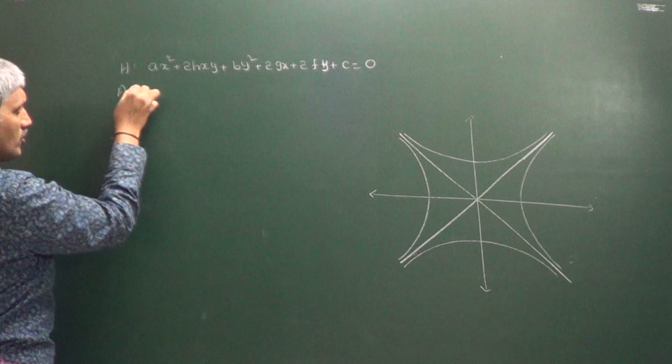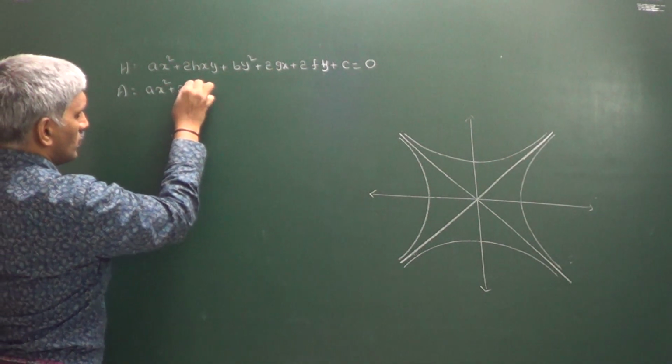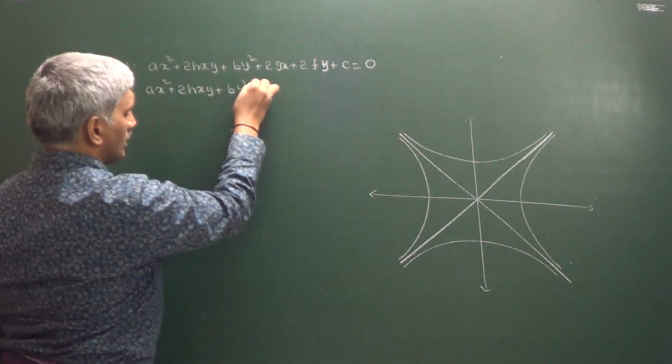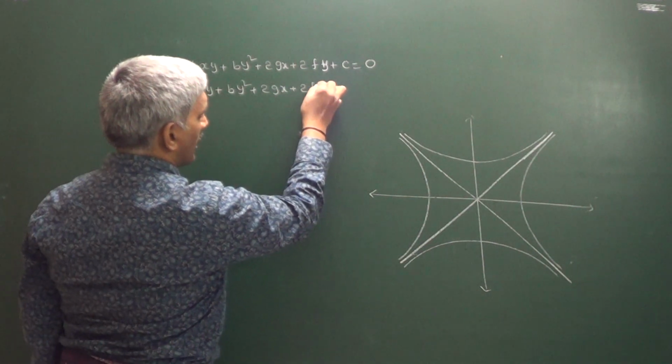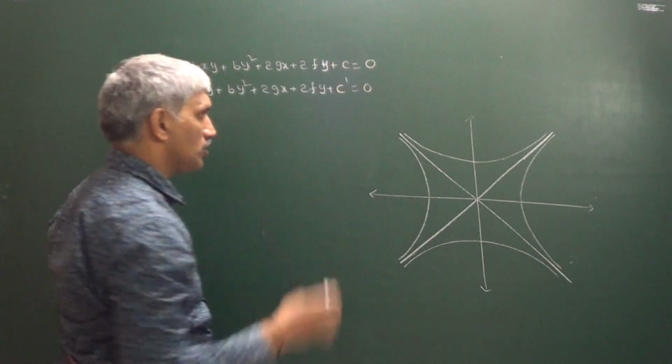Then its asymptotes' equation is given by ax square plus 2hxy plus by square plus 2gx plus 2fy plus c dash is equal to 0.